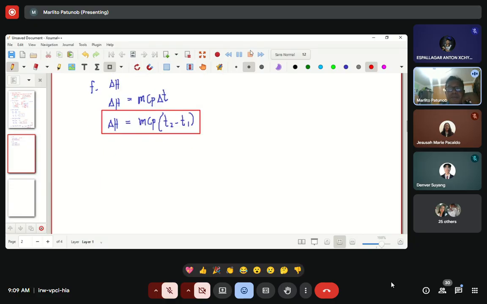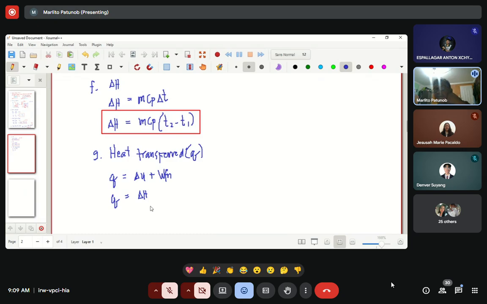Then we have letter J, which is the heat transfer, Q. So Q is equal to delta U plus flow work, so your Q is equal to delta H in this case.